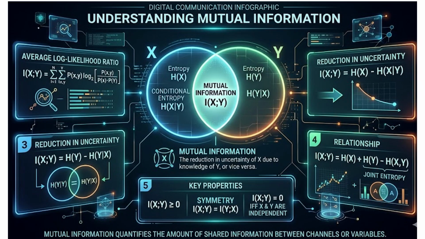So this mutual information can be expressed by this expression. This is one of the very important equations, that is the reduction in the uncertainty. So what is that equation? I(X;Y), that is mutual information, is equal to H(X) minus H(X|Y), right?